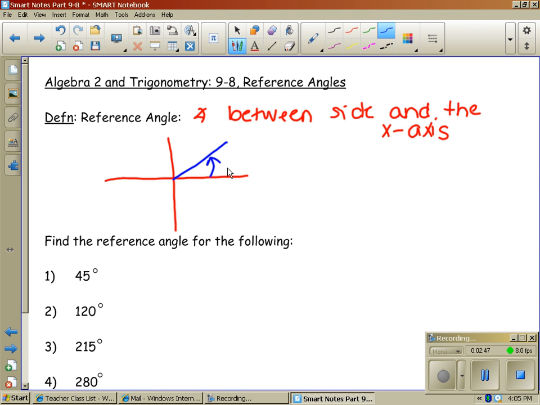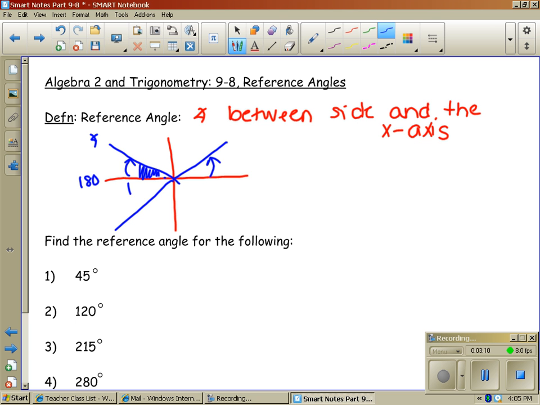So example, 30 degrees, just 30 degrees. In the second quadrant, you're going to take the angle, whatever the angle happens to be, and subtract it from 180, and then you'll get the reference angle, the angle between the x-axis and the terminal side of the angle.